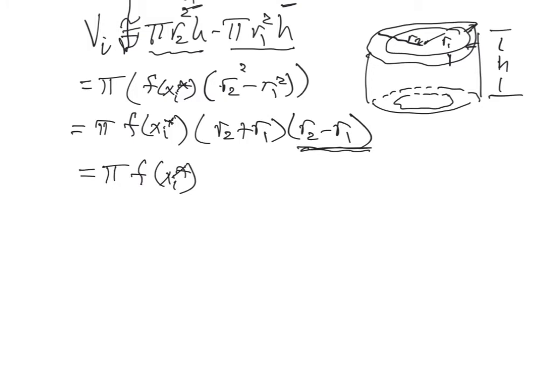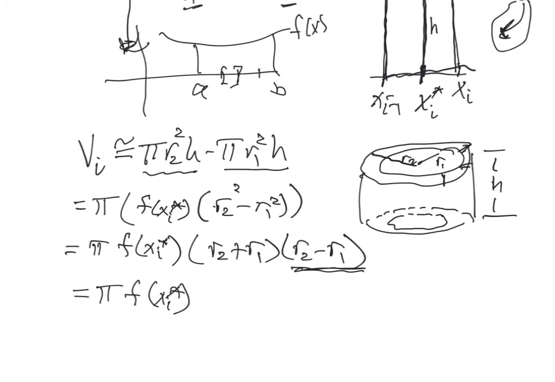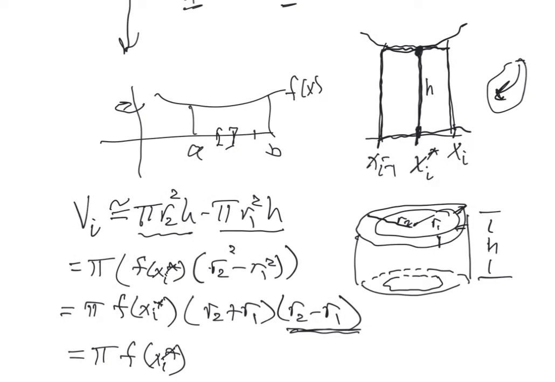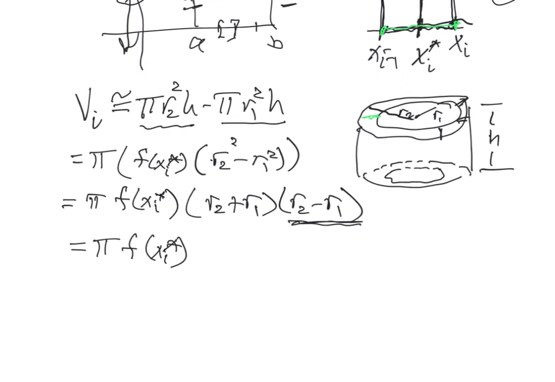And if we look back at our picture, that is exactly this dimension right here. Let me do it in green. That's the thickness of our shells. That green becomes this right here. And hopefully you can recognize that as at least part of the missing detail. That is, r2 minus r1 is just delta x.